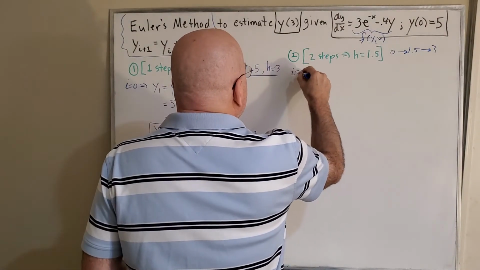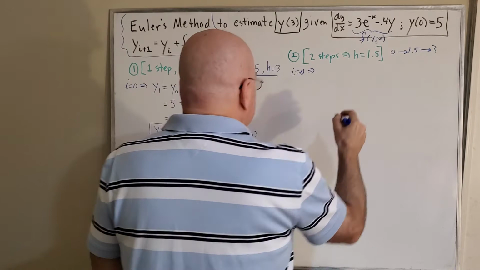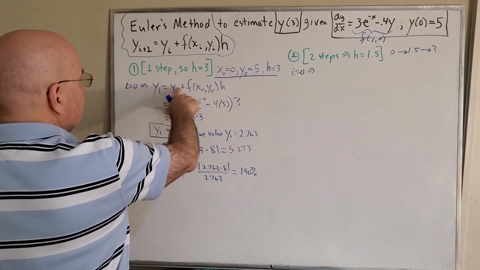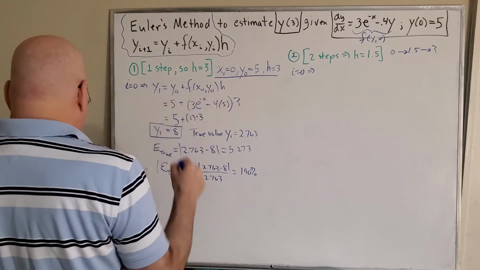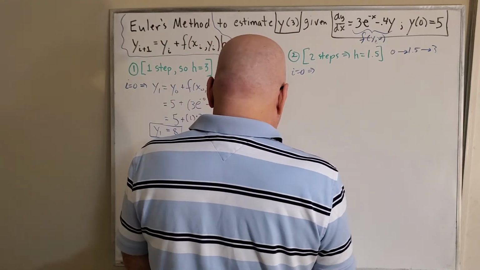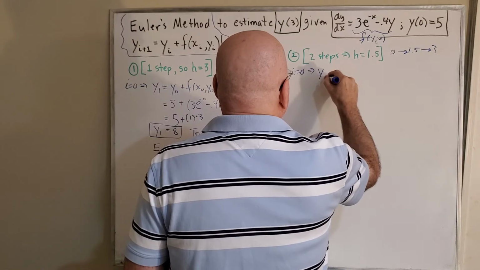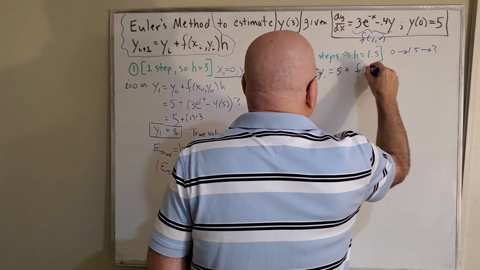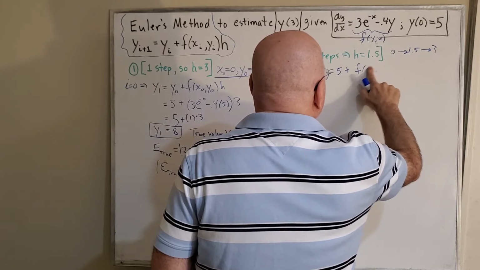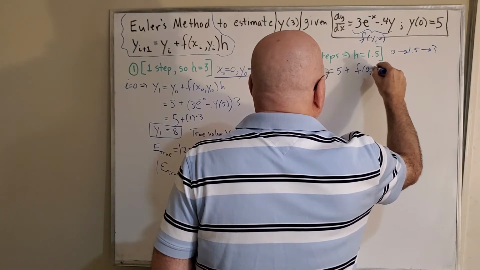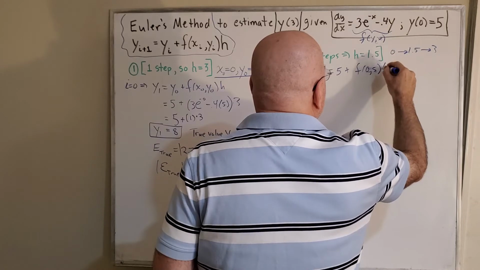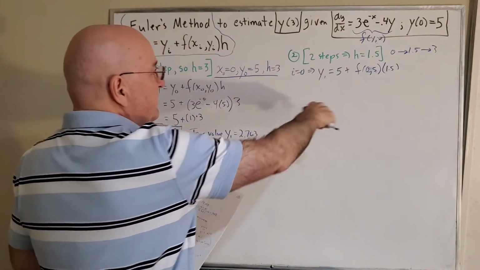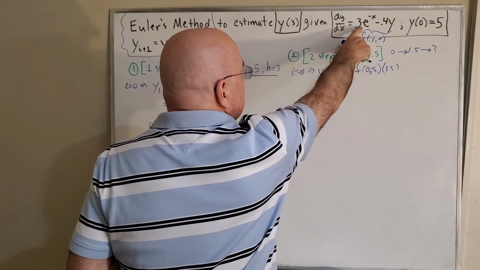For i equals 0, we get this same formula. y1 is equal to 5 plus f of 0, 5 times h, which is 1.5. I just wrote f of 0, 5. Now I need to plug that in.